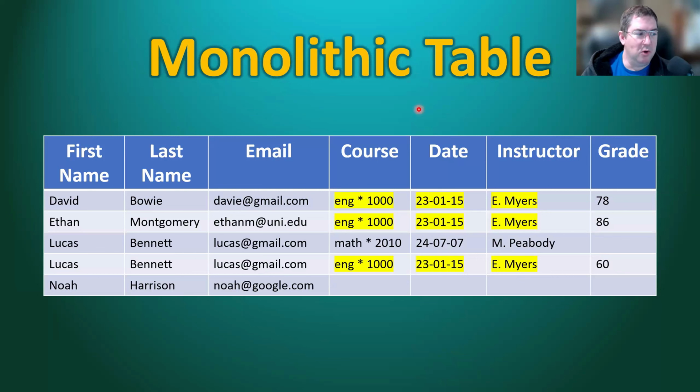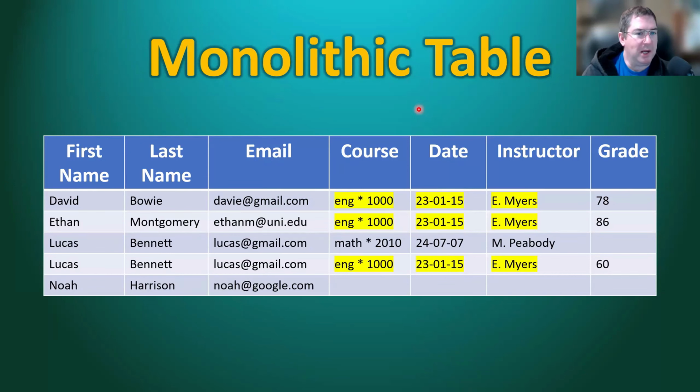So that's why you would normalize your table. Normalization means breaking your tables up in order to reduce data redundancy, so reduce the amount of data that's repeated. There's a series of rules for normalization that you can follow if you ever want to look into it, and they're called normal forms.